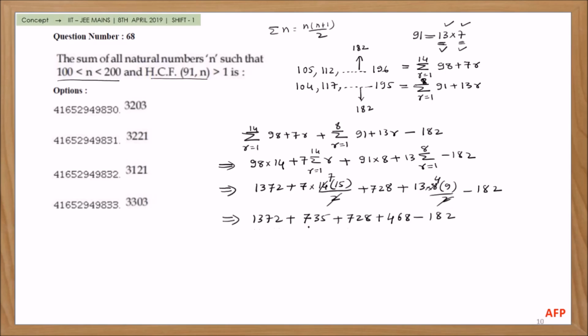If you add all the things, you get 3303 minus 182, which is nothing but 3121. Okay, so this is the answer we got. Option 3 it follows.